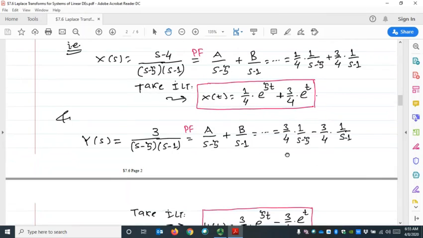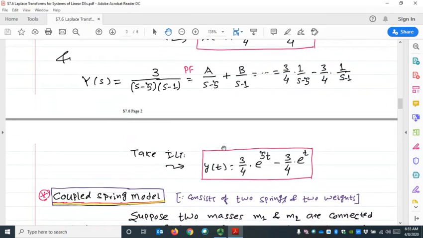Then take inverse Laplace transform using Laplace transform table. So little y of t equals 3/4 e to the 5t minus 3/4 e to the t. Now we got the solution little x of t, little y of t of the given initial value problem, which means the system of differential equations. Great. Now let's move on.